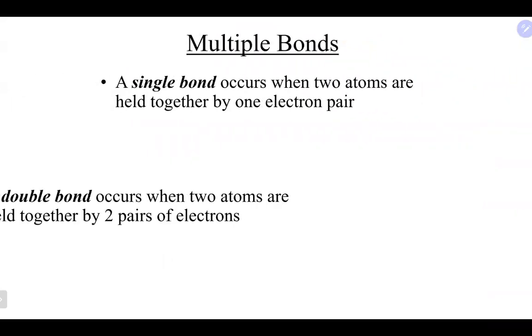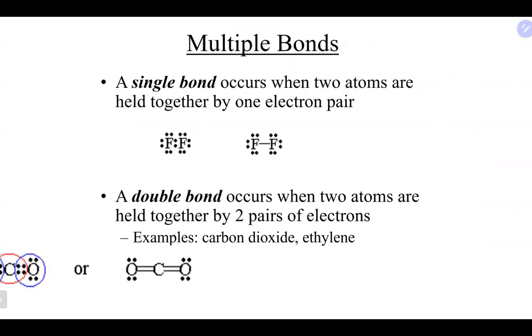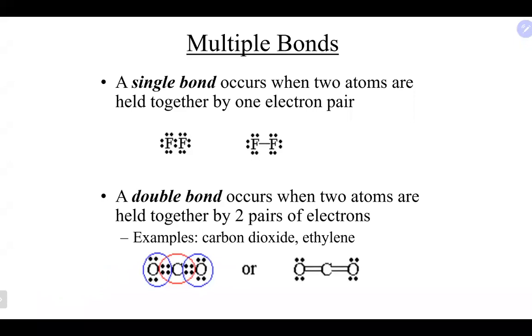So talking about multiple bonds, when we do draw Lewis structures, sometimes you can get everybody to 8 valence electrons just fine with single bonds. A single bond, once again, is 1 line, or a pair of electrons, or 2 dots. Now, sometimes it does require some double bonding to get everybody to 8 valence electrons.